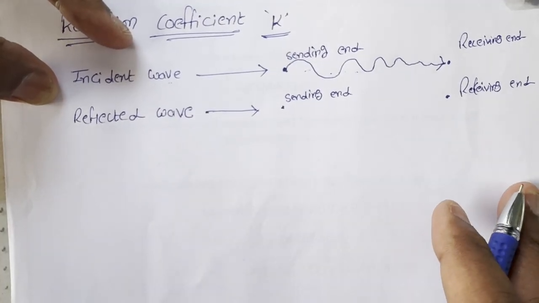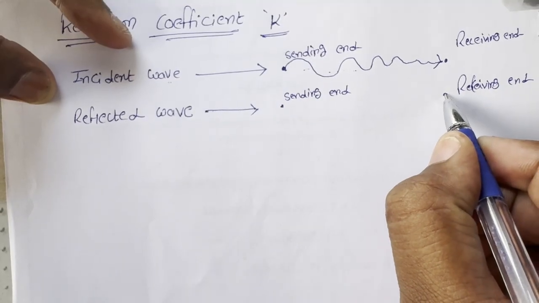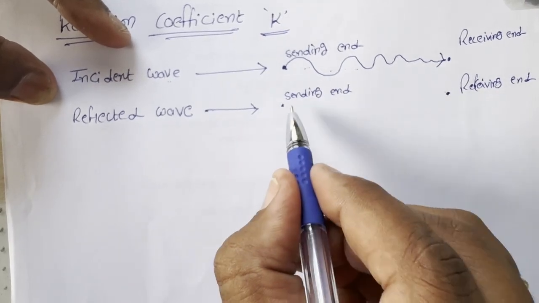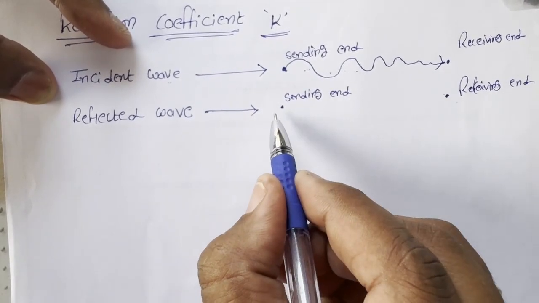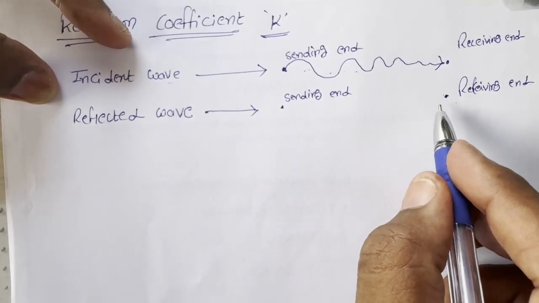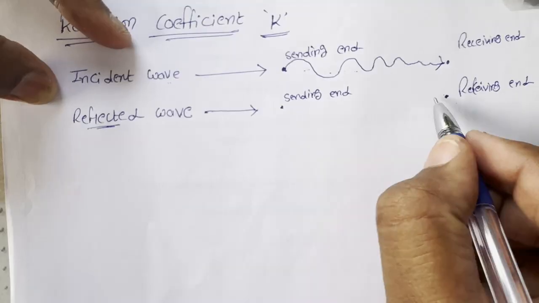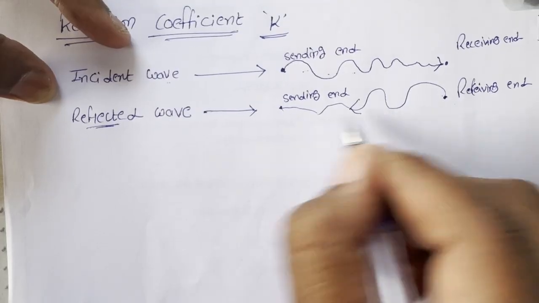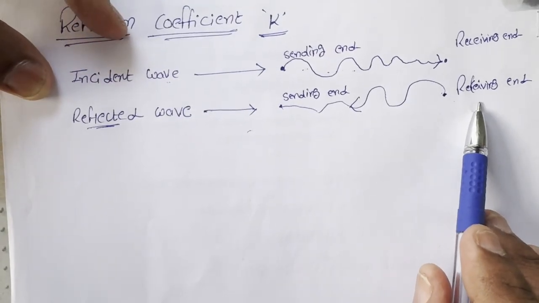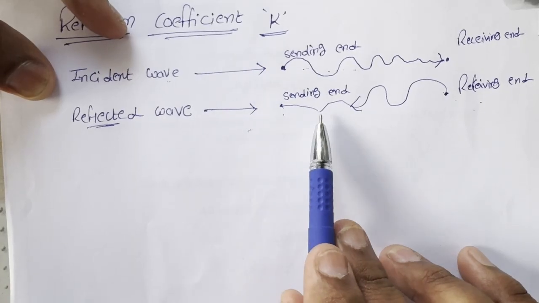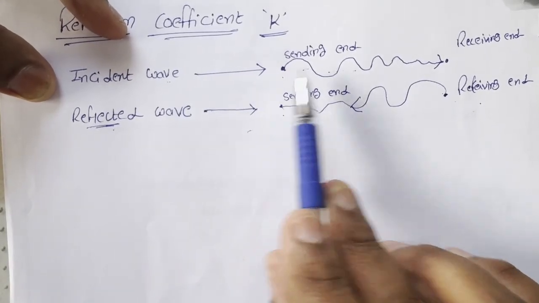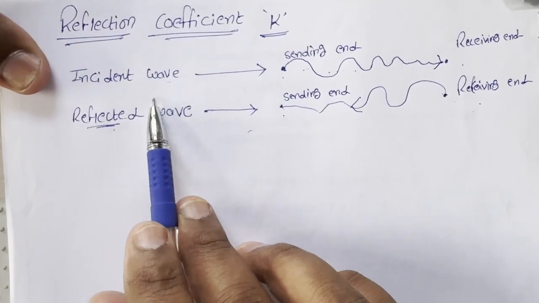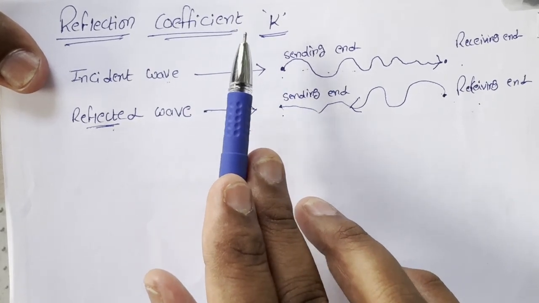A wave which flows from receiving end towards the sending end, from this point to this point, with decreasing amplitude, is called reflected wave. Sending end to the receiving end is called incident wave. These are the two points you have to know before starting our reflection coefficient.